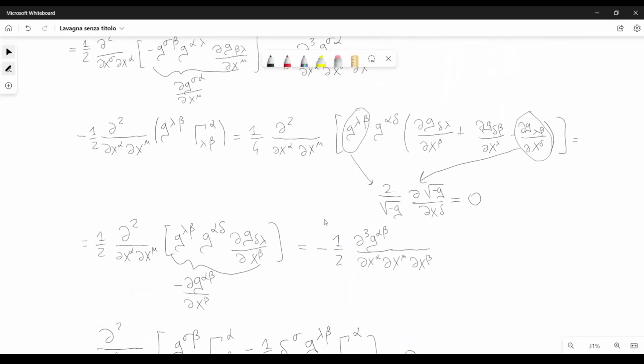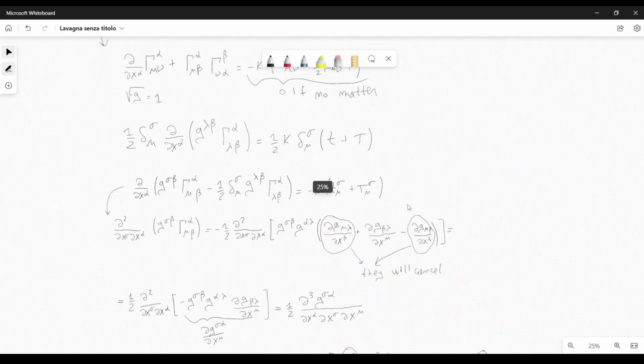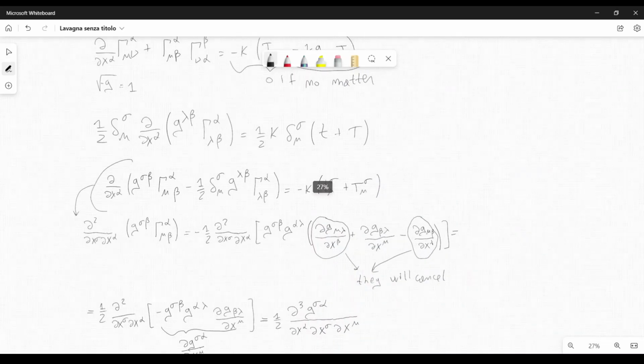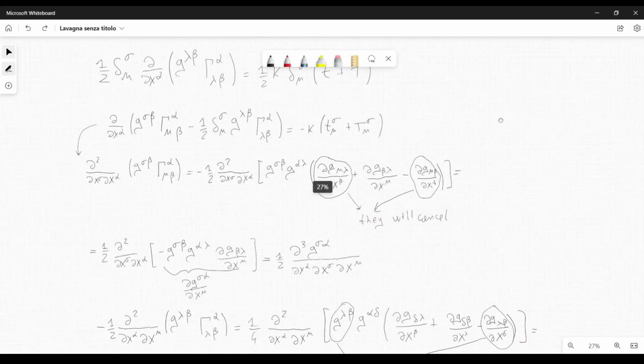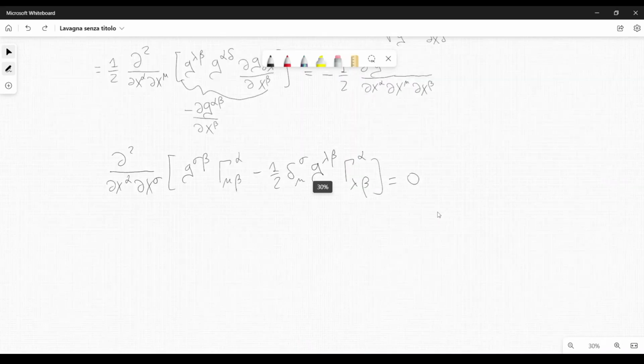So the derivative with respect to sigma of the left hand side of this expression is equal to 0, and therefore we also get that the same derivative of the right hand side should be equal to 0. So all in all, we get d over dx sigma of t sigma mu plus t sigma mu, in this case with the capital letter T, equal to 0, which is the law of conservation.